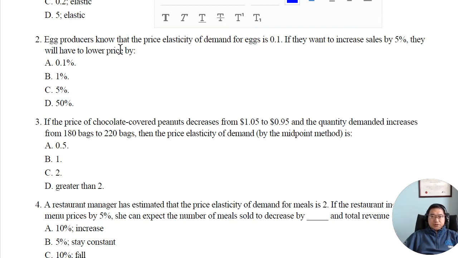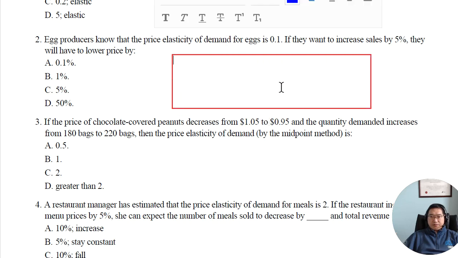Egg producers know that the price elasticity of demand is 0.1. Is it elastic or inelastic? If they want to increase sales by 5%, sales is basically quantity demanded, right? So again, elasticity is the percentage change in quantity demanded divided by the percentage change in the price. And this number, 0.1, corresponds to the sales increase of 5%.